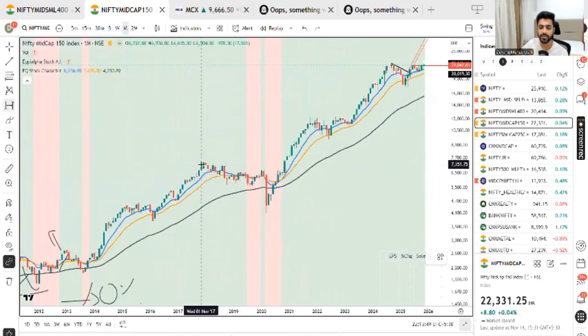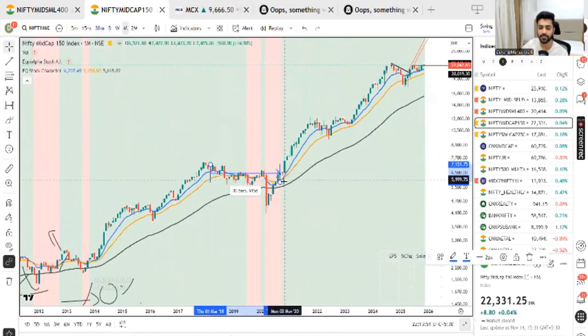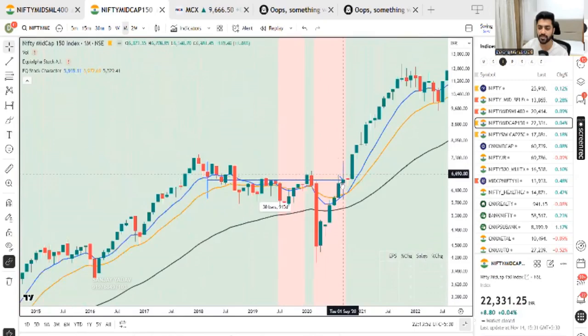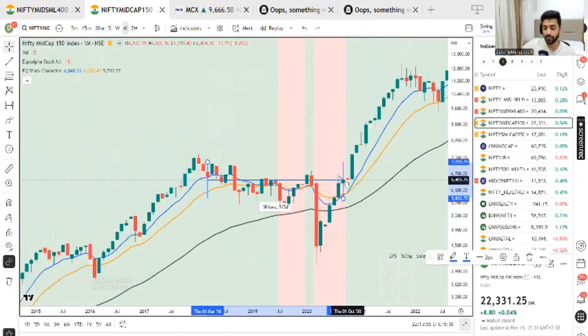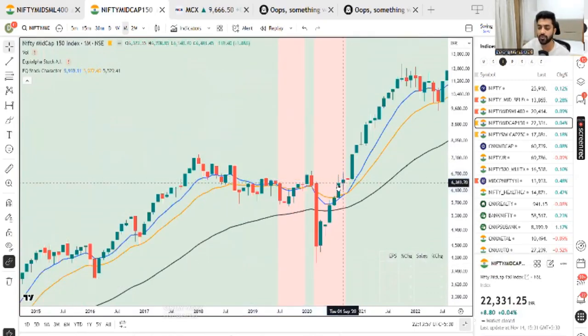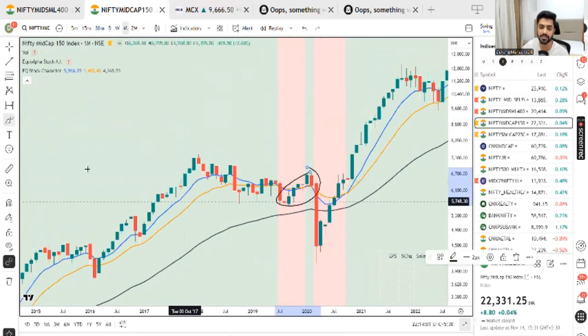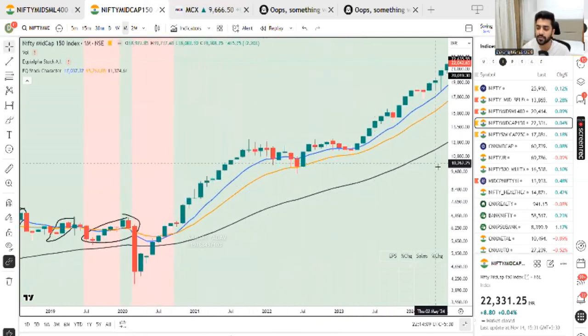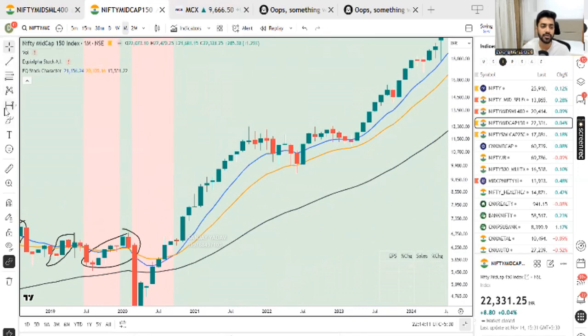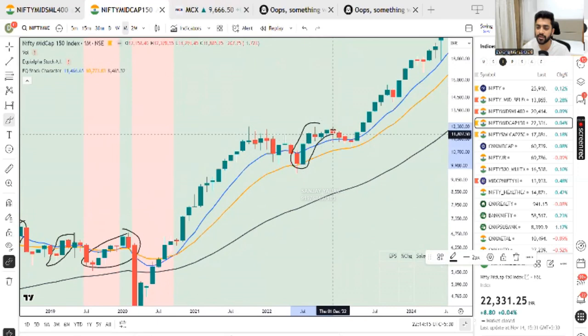You have these kinds of periods in which you have rallies. It's not that for a complete 1 year, 1.5 years you will not be able to trade. You will be able to trade. There will be rallies: from here, this 2-3 months is a rally. This 2 months rally. These 3 rallies came up here. If you look at the previous one, you have these rallies here, 4-5 months, and these 2 months up here.